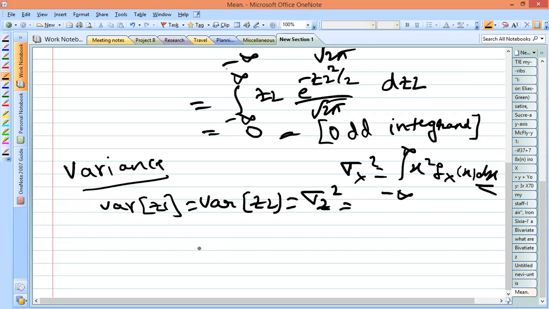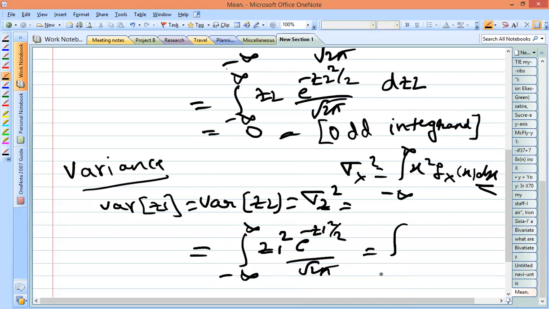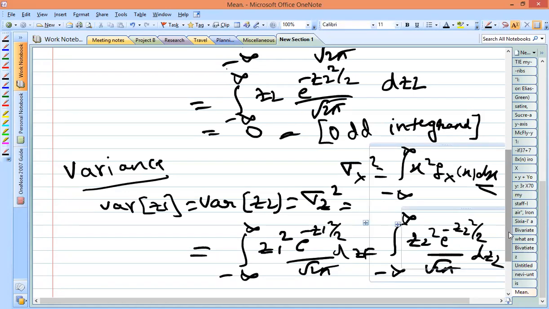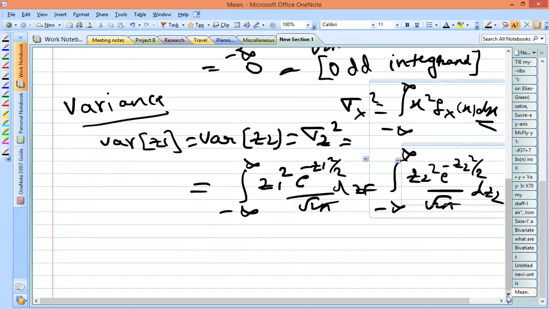Using the same, instead of x we will write z1 square, and fZ1 of z1 is nothing but e to the power minus z1 square by 2 by root 2 pi. Similarly, we can write for variance of z2 the integral from minus infinity to plus infinity of z2 square e to the power minus z2 square by 2 divided by root 2 pi, integrated with respect to dz2.